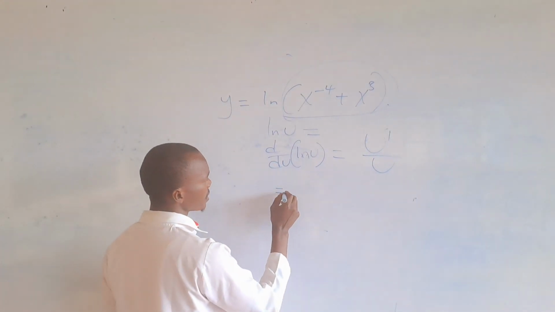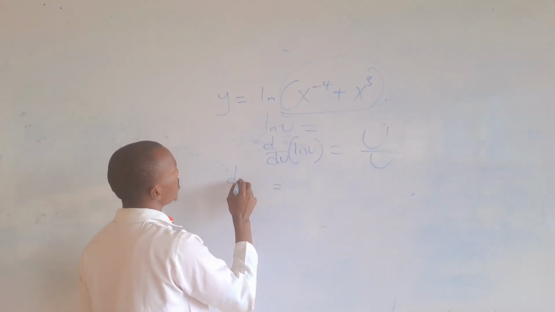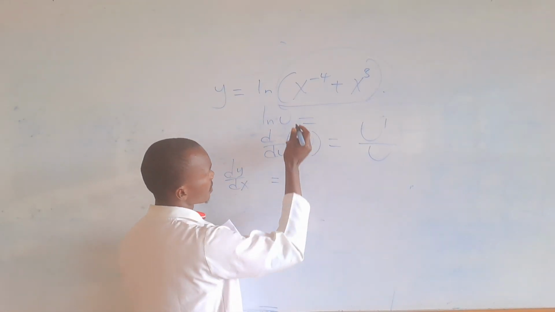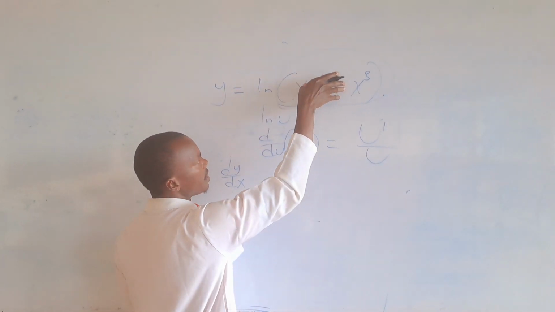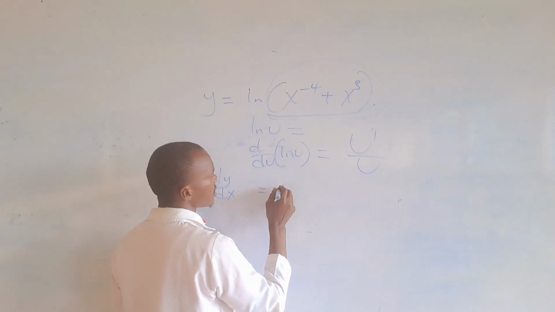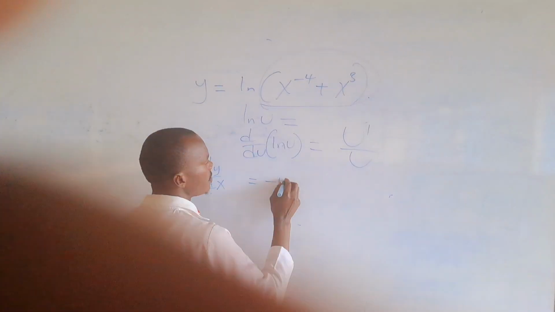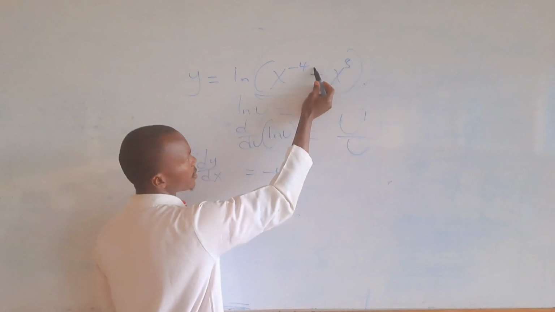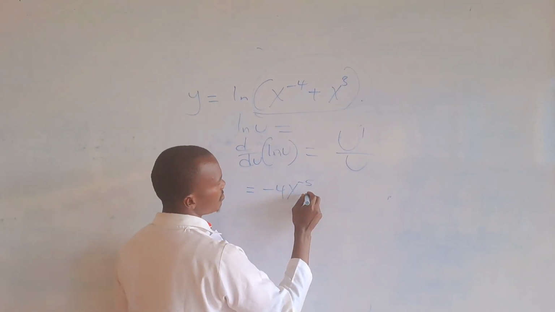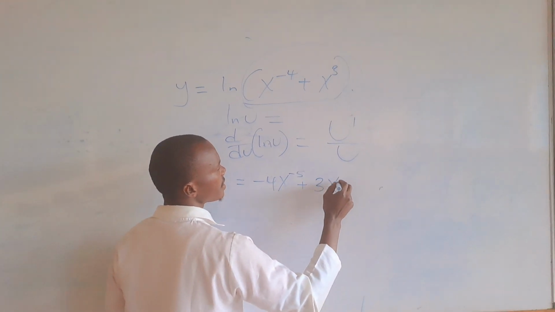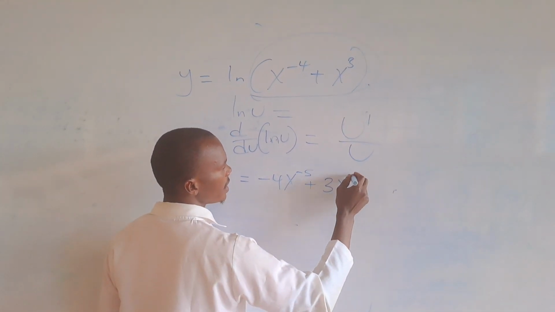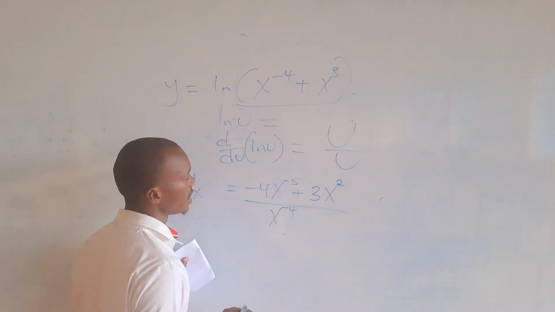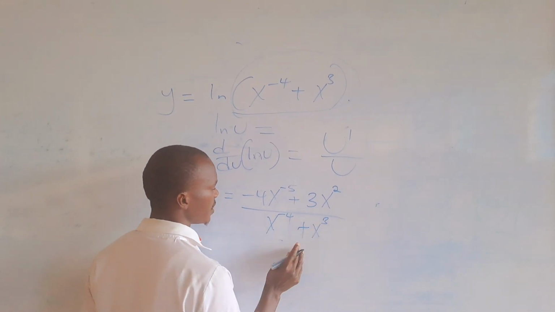So dy over dx will be the same as the derivative of this u, which is -4 x raised to the power -4 minus 1, that is -5, plus 3x raised to the power 3 minus 1, that is 2, over u itself, which is x raised to the power -4 plus x raised to the power 3.